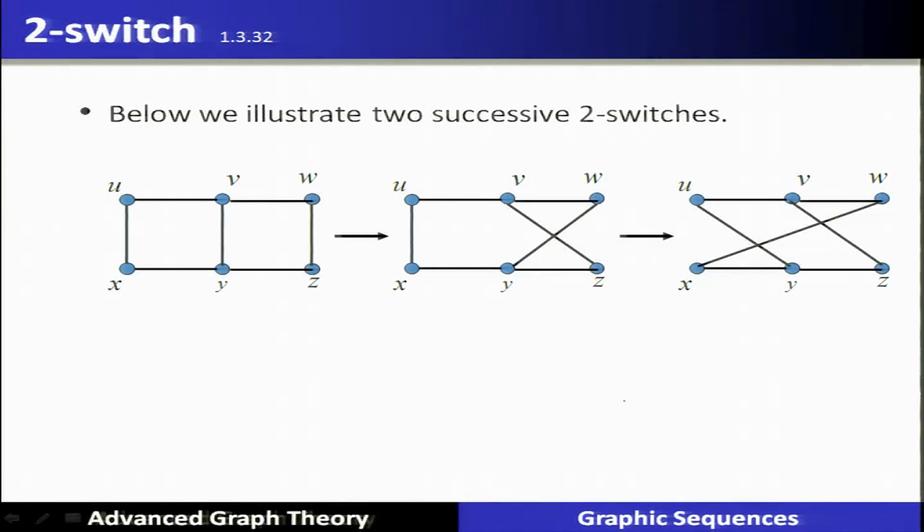We can see in this illustration that 2 successive 2 switch operations have transformed this graph into this graph, and hence it preserves the vertex degrees as we have already mentioned.